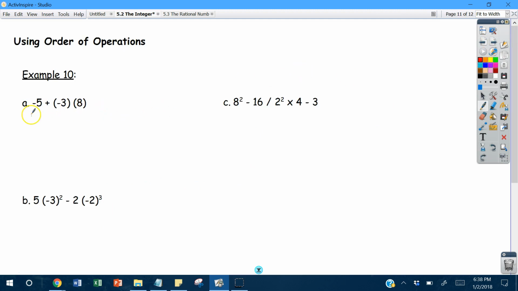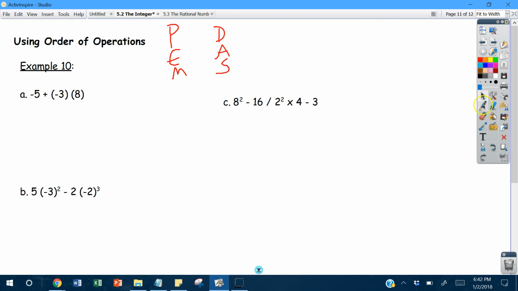Okay, so here we have some stuff going on. I see parentheses that suggest I'm going to multiply here, and I see addition. So according to please excuse my dear Aunt Sally, PEMDAS, I should multiply and divide before I add and subtract. So here I see multiplication, which I want to do before I do that addition. So let me go ahead and rewrite that negative 5 because I'm not adding it yet.